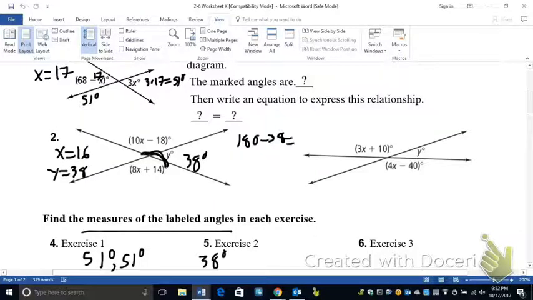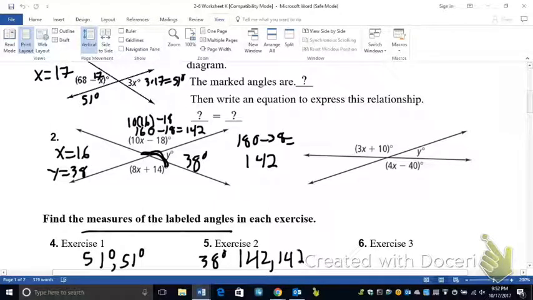So I can go 180 minus 38 and get 142, and say, okay, then the top and bottom angles are 142. Now we also double check that by plugging x in. So we go 10 times 16 minus 18. That gives us 160 minus 18, or 142. So there are 2 142 angles there, so we're going to put 1 down for each.